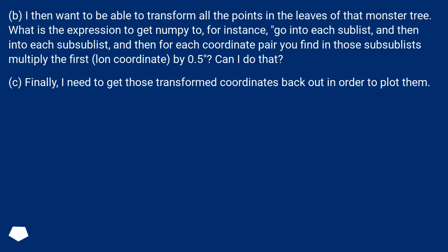What is the expression to get NumPy to, for instance, go into each sublist, and then into each sub-sublist, and then for each coordinate pair you find in those sub-sublists multiply the first, long coordinate, by 0.5? Can I do that? C. Finally, I need to get those transformed coordinates back out in order to plot them.